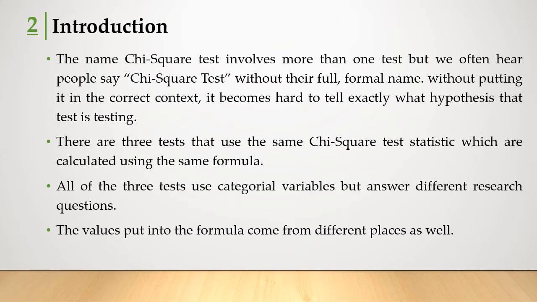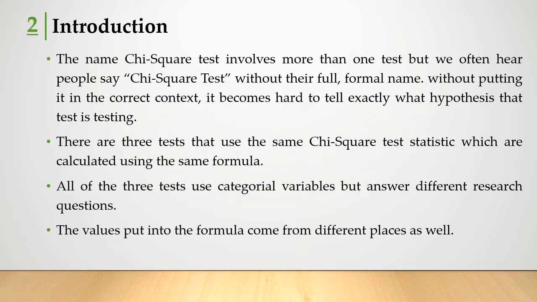All right, so the three tests use the same chi-square test statistic, and they also use the same formula. However, the interpretations are slightly different. All of the three tests involve categorical variables but answer different research questions.